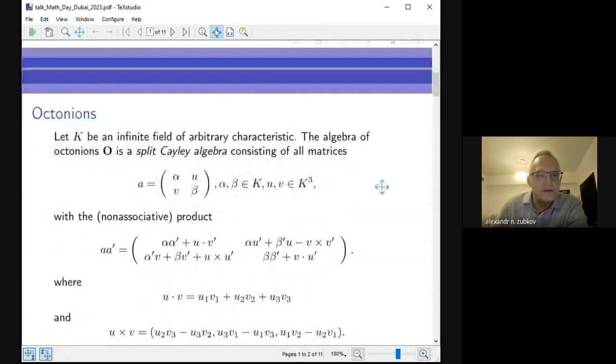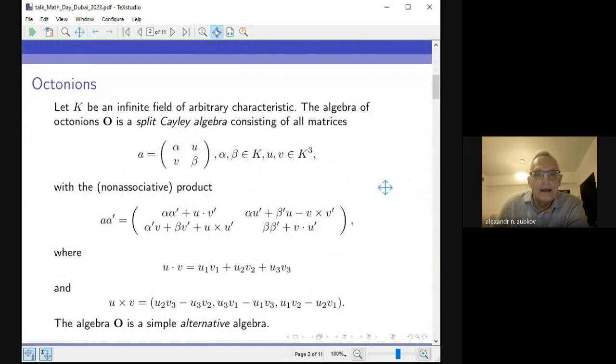Because the main hero of my talk is not an associative algebra, first of all I have to remind you of some definitions here.